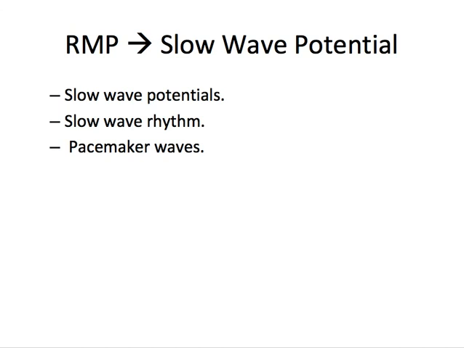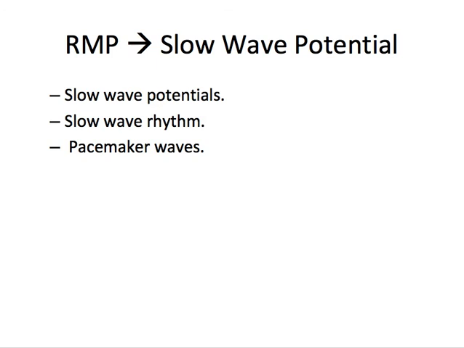As I already told you, the resting membrane potential of smooth muscle is minus 50 millivolts to minus 60 millivolts. So you can note that the resting membrane potential in smooth muscle is about 30 millivolts less negative than in skeletal muscle. This resting membrane potential leads to slow wave potential.